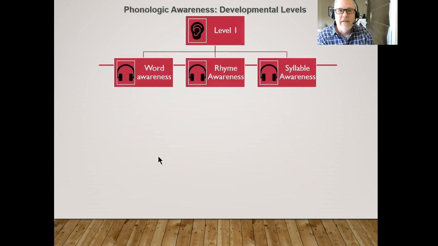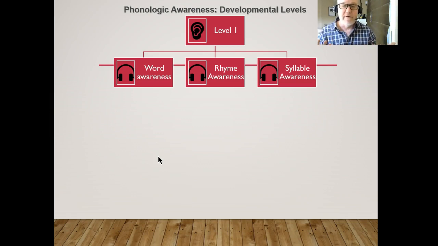So when we talk about phonologic awareness, there are 3 levels of increasing complexity. The first level is the least complex, and that's awareness of when you hear a word that it's a word. A cluster of sounds is a word. Parallel to that is your ability to rhyme: fat, cat, bat, mat, etc. And syllable awareness is hearing the word alligator and knowing that that might be 4 syllables.